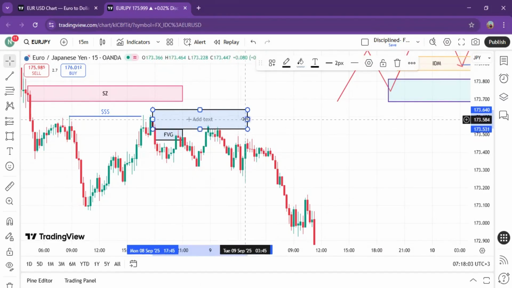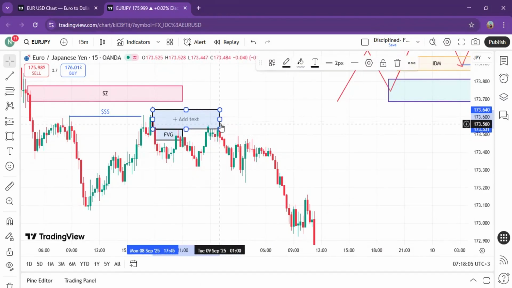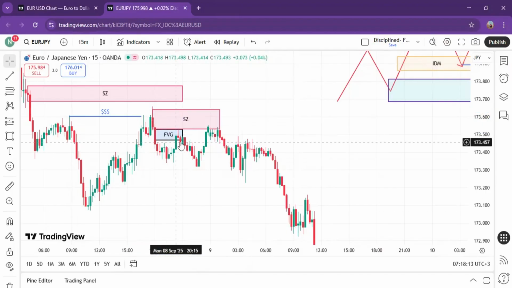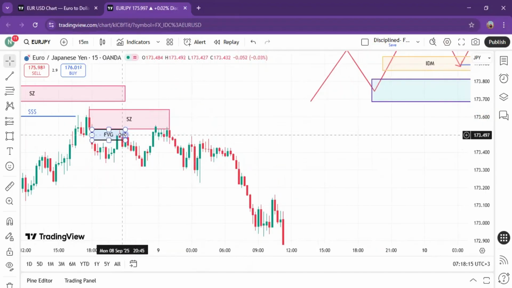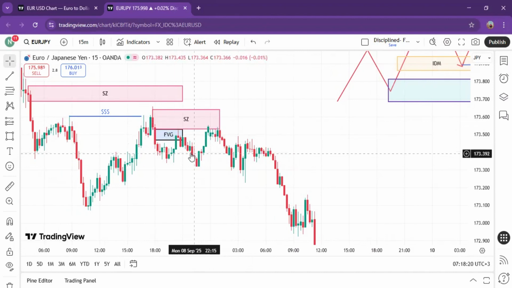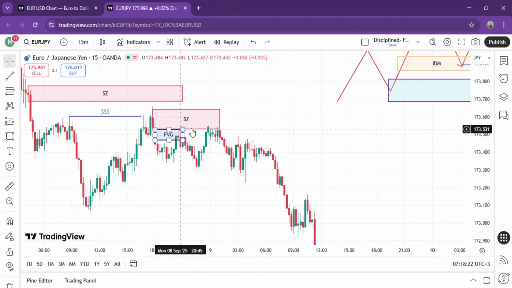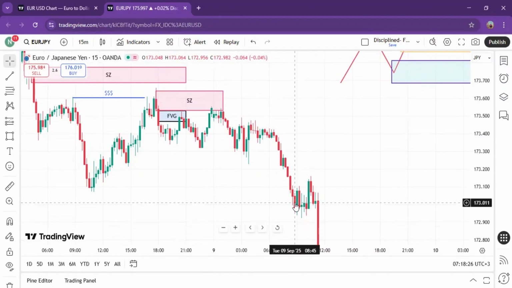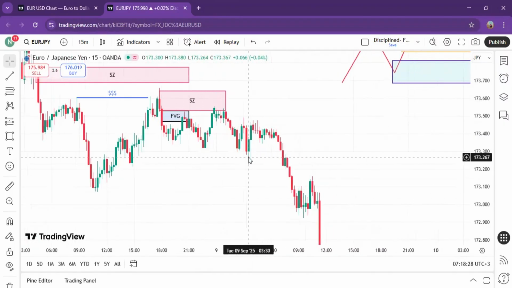So the fair value gap at this point serves as an inducement zone. So this is an inducement zone triggering sellers to enter the market. Then eventually the market takes out their orders above here, gets into the supply zone. Then you can see the market continues moving downwards.